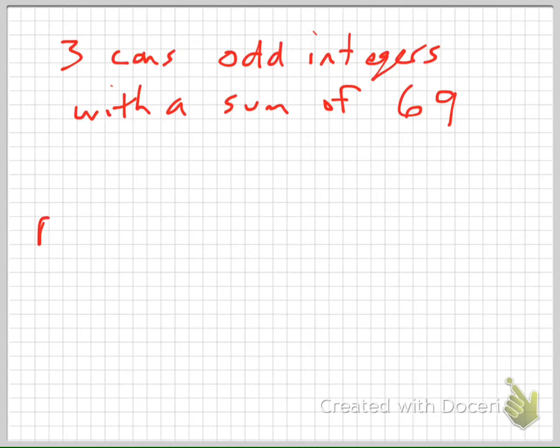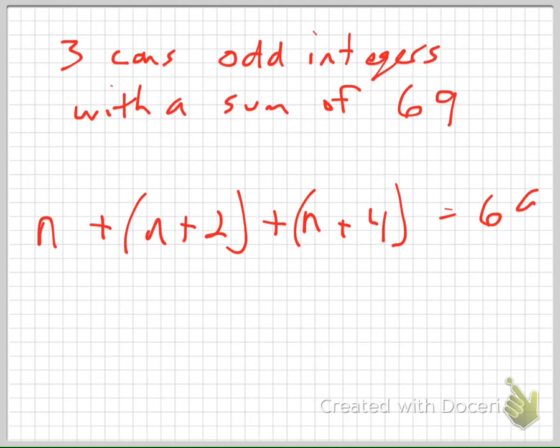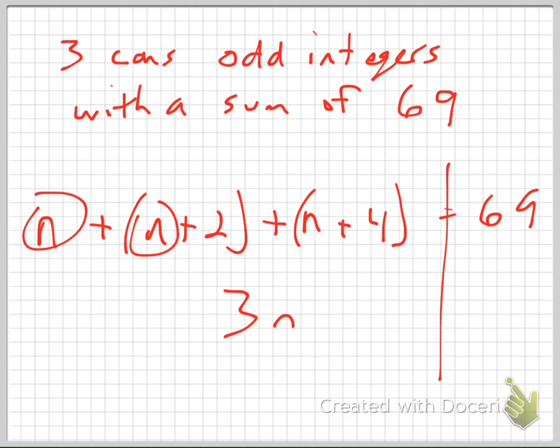So it goes n plus (n plus 2) plus (n plus 4) equals 69. Right? Got to simplify this. What's it look like? n plus n plus n is 3n, plus 6 equals 69.